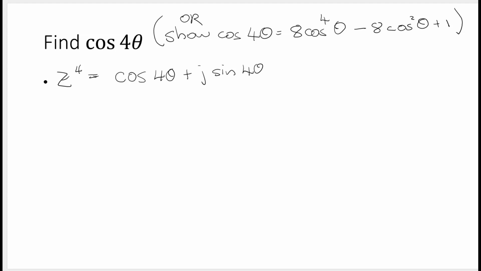Now remember, I'm going to now work this out because z is cos theta plus j sine theta to the 4, and I would be using Pascal's triangle to work it out.